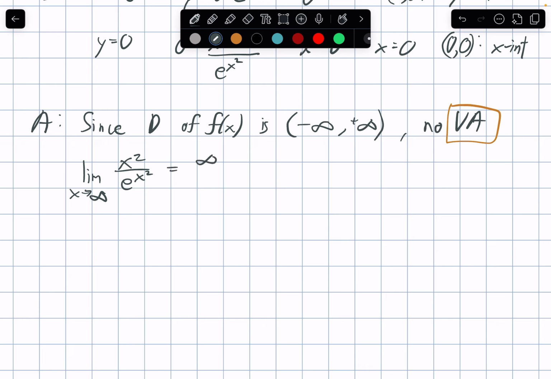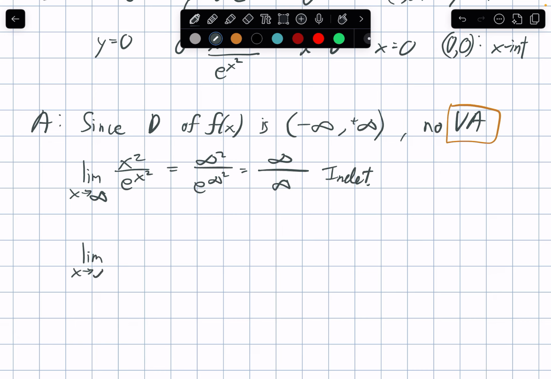So let's try to direct substitute. Infinity divided by e raised to infinity is still infinity. So we have an indeterminate form. Then we apply L'Hopital's rule.